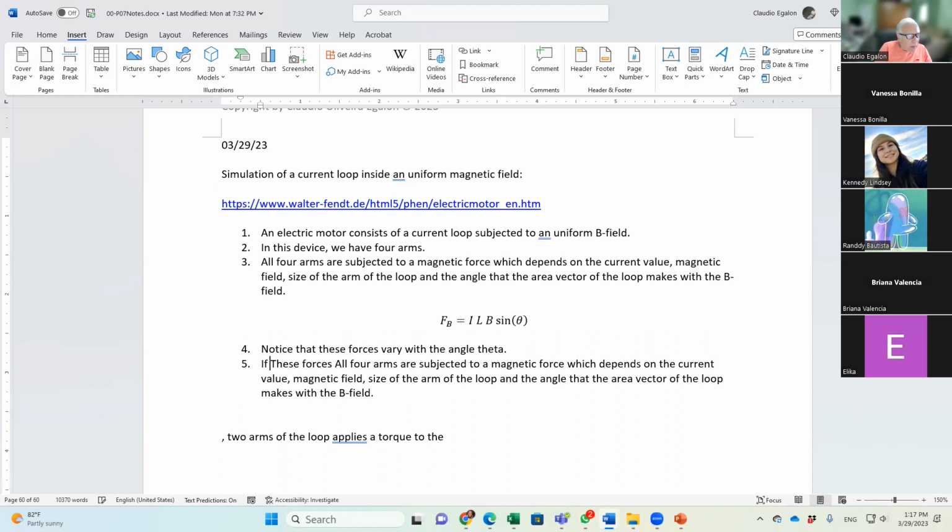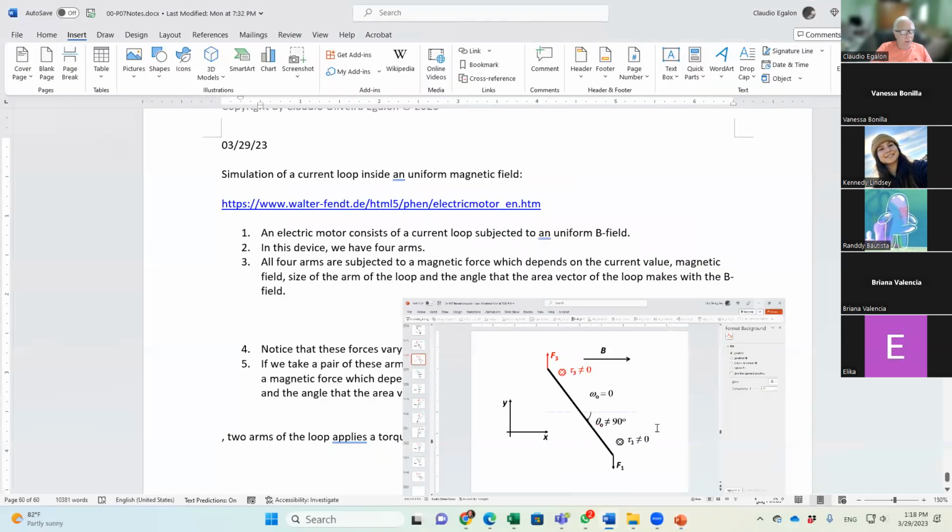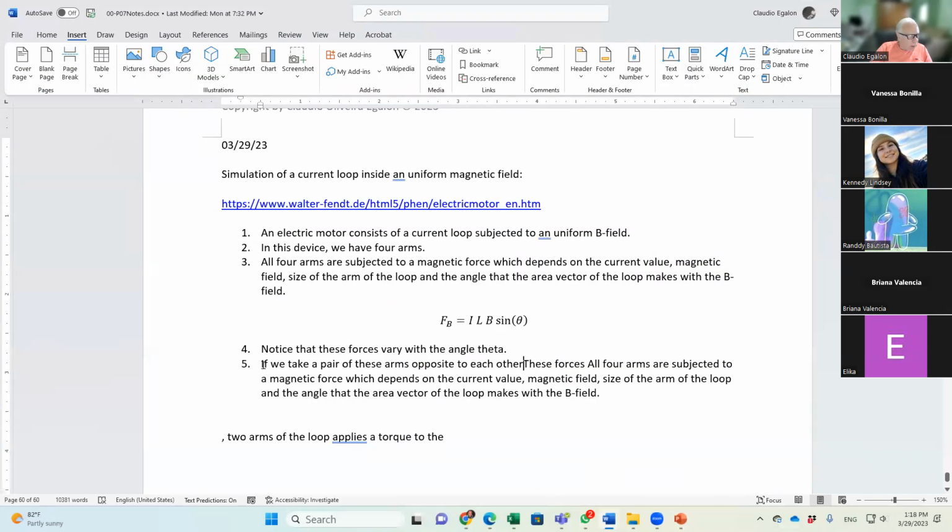If we take a pair of these arms, opposite to each other, and that's going to be arms number 2 and 4, okay?